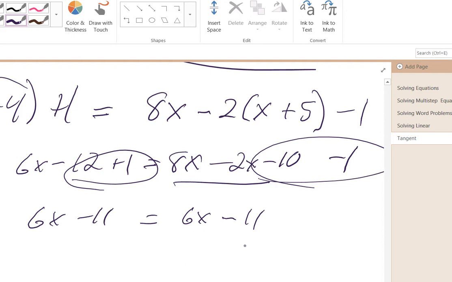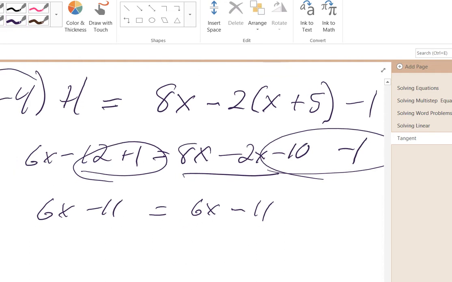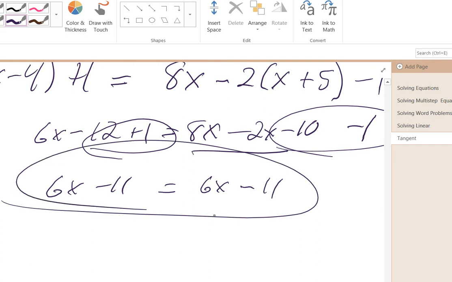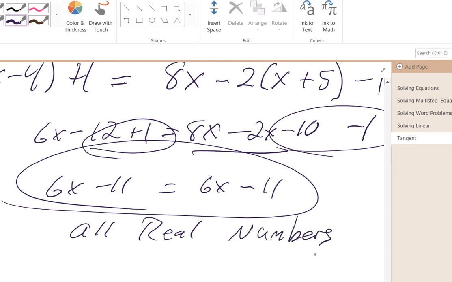Okay, uh-oh, same thing on both sides. What's our conclusion to that? Not no solution. Not undefined. Oh my goodness. They're the same thing, right? All real numbers. Okay? No matter what number you put in there, it's going to work.